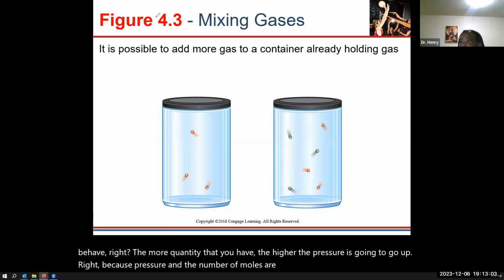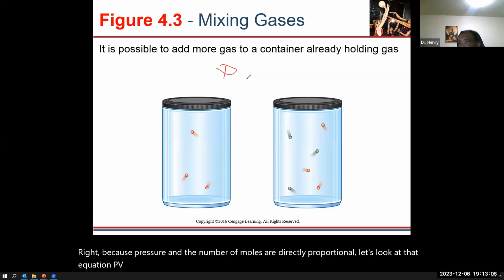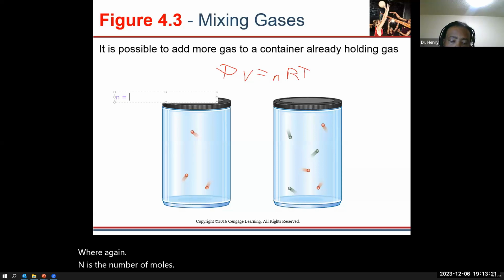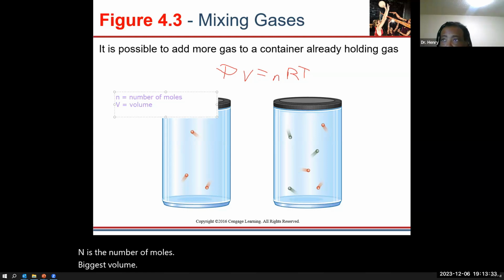Let's look at that equation. PV equals nRT. Where again, n is the number of moles. V is volume. T is absolute temperature.